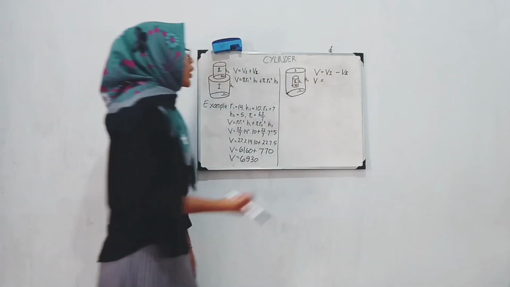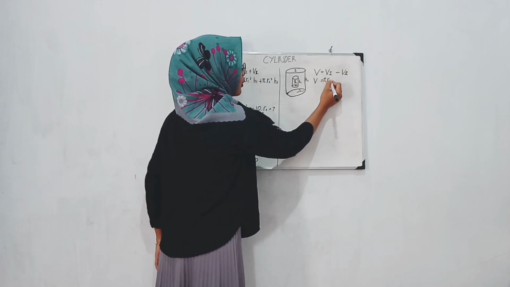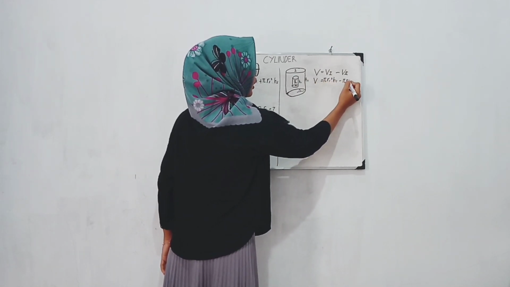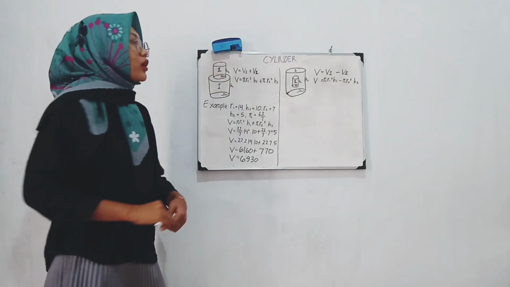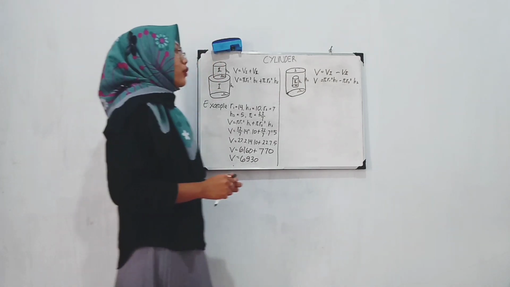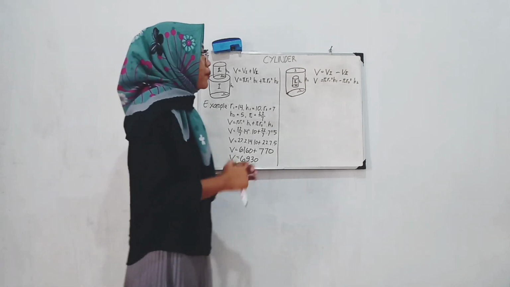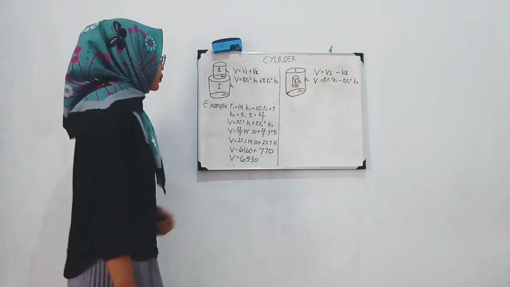Volume equals πr1 square times height 1 minus πr2 square times height 2. So the volume of the two cylinders inside equals πr1 square times height 1 minus πr2 square times height 2.